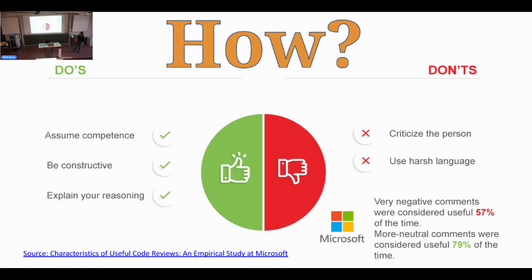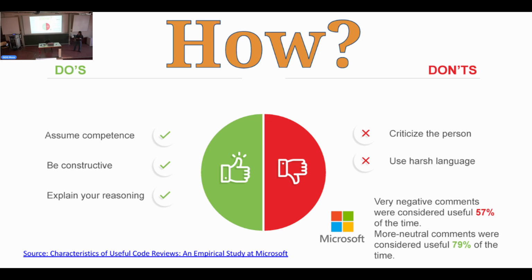So let's dig more deeply into how to conduct a useful and respectful review. As a reviewer, don't criticize the person, don't make it about the person. Make it always about the code, finding issues in that code and giving really good guidance on how to solve those issues. Don't use harsh language. This is very important. Be respectful. And there is an empirical study that has been done by Microsoft in 2015.